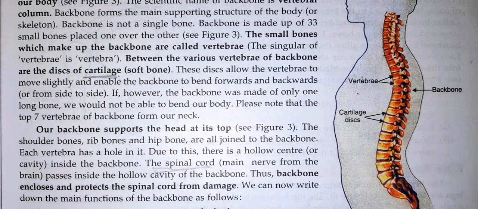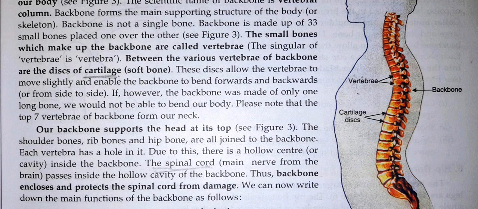Our backbone is made up of 33 bones. So the first 7 bones are in the neck.